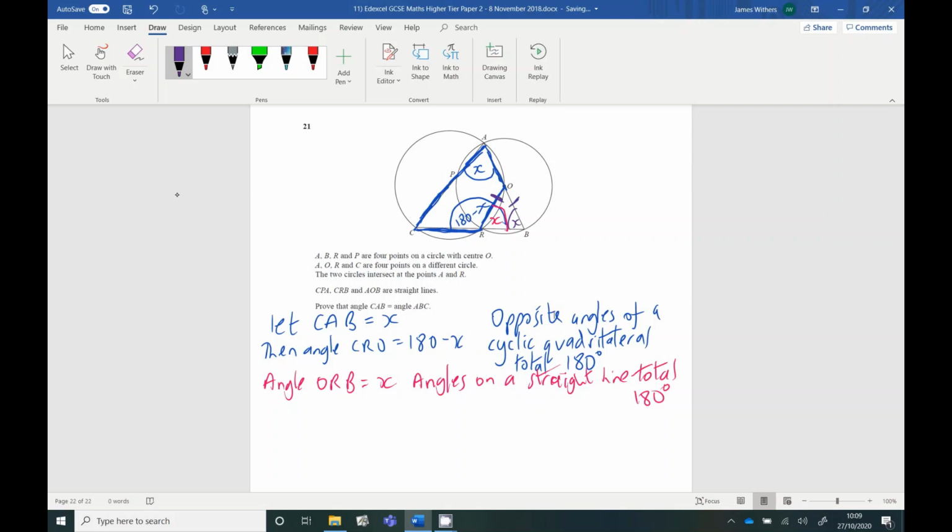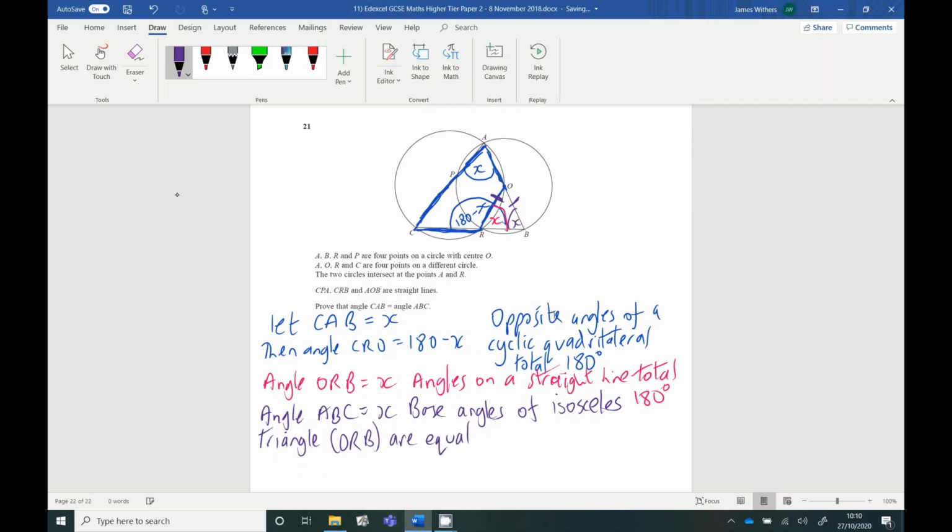So we can say angle ABC equals x, because base angles of isosceles triangle ORB are equal.